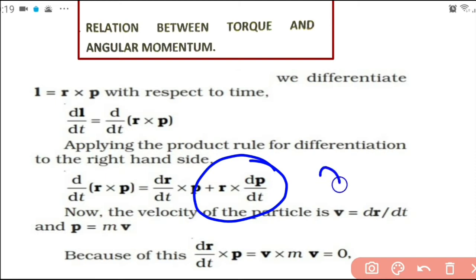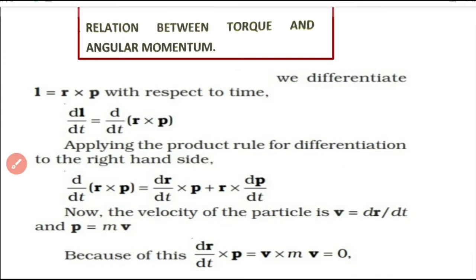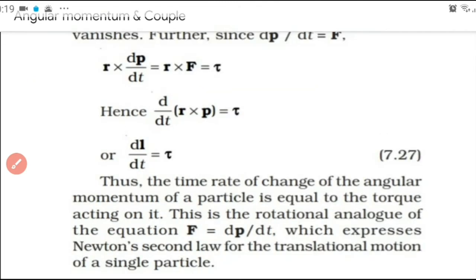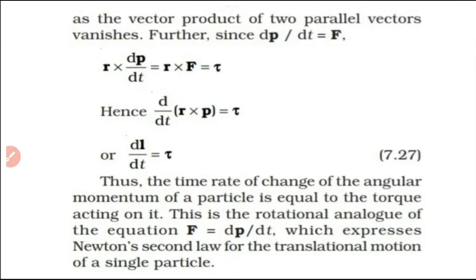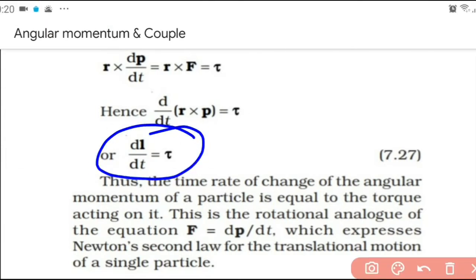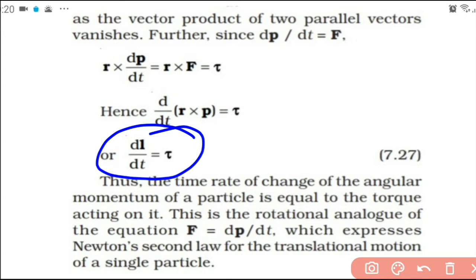So we have r cross F. The second term is r cross F. So our expression becomes, we started with d by dt of L, so d by dt of L is equal to r cross F. And what is r cross F? That is torque. So our expression becomes d by dt of L equal to tau.